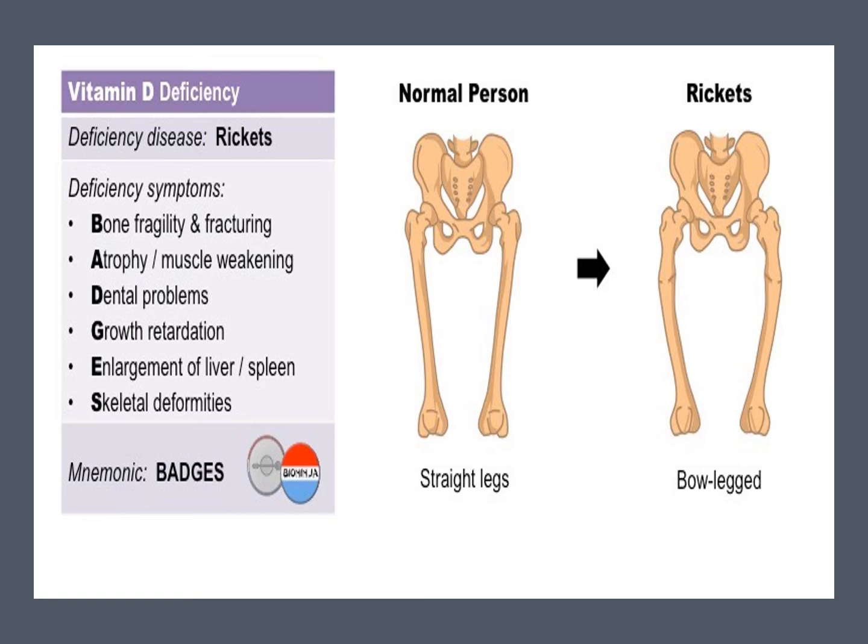Enlargement of the spleen and liver, that's a less important one, but we know that low levels of vitamin D can lead to enlarged liver and spleen. It's a bit of a complicated process, and there's no need to get into it because it's not as important as the other ones. Lastly, skeletal deformities. Well, if you have very weak bones, they bend more easily.